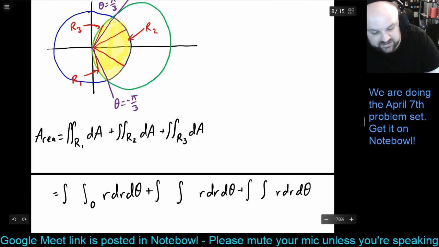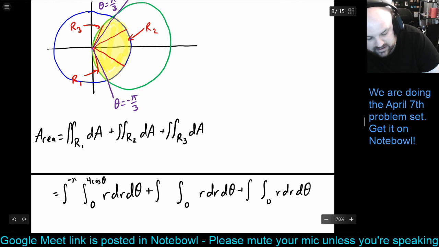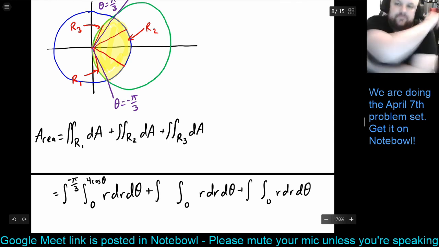It starts at 0 and it goes to the green curve, which was 4 cosine theta. In fact, r always starts at 0 for all of these. The question is, what does the theta do? Well, as we're moving in the clockwise or counterclockwise direction, it has to end at minus pi over 3.